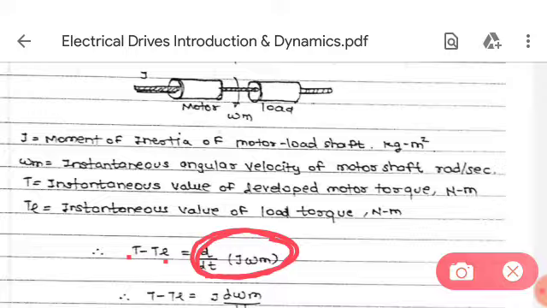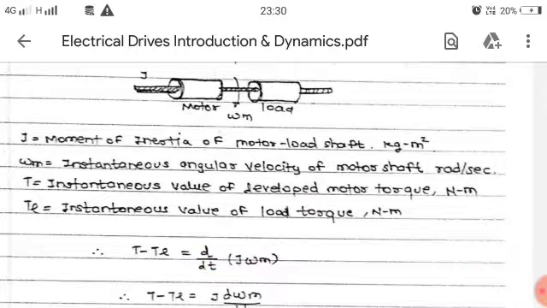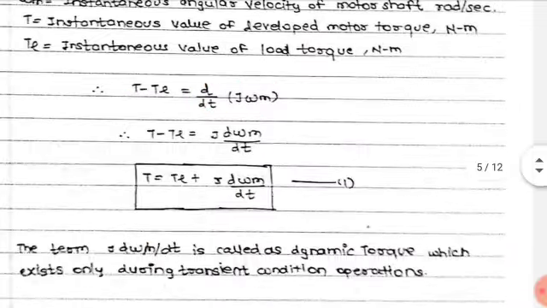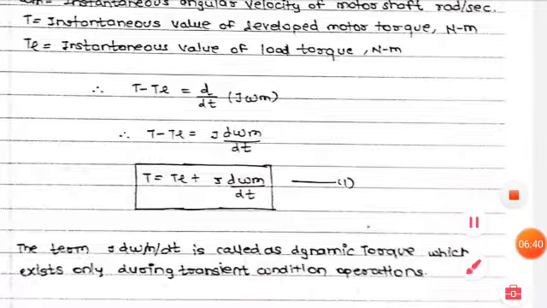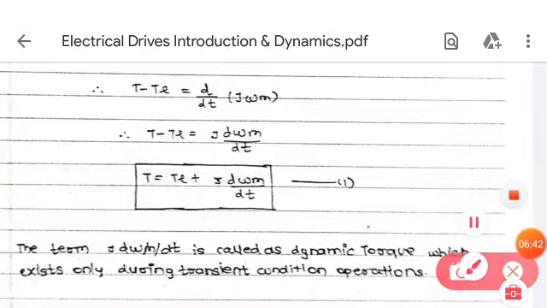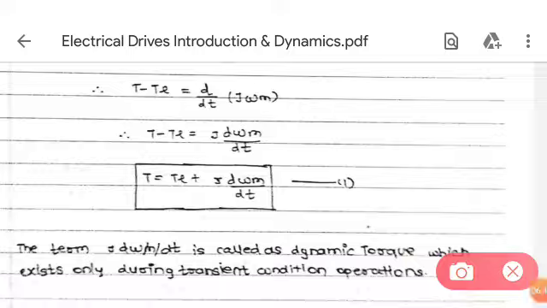So if we simplify this term, actually, this is a derivative of a product, the u into v rule.